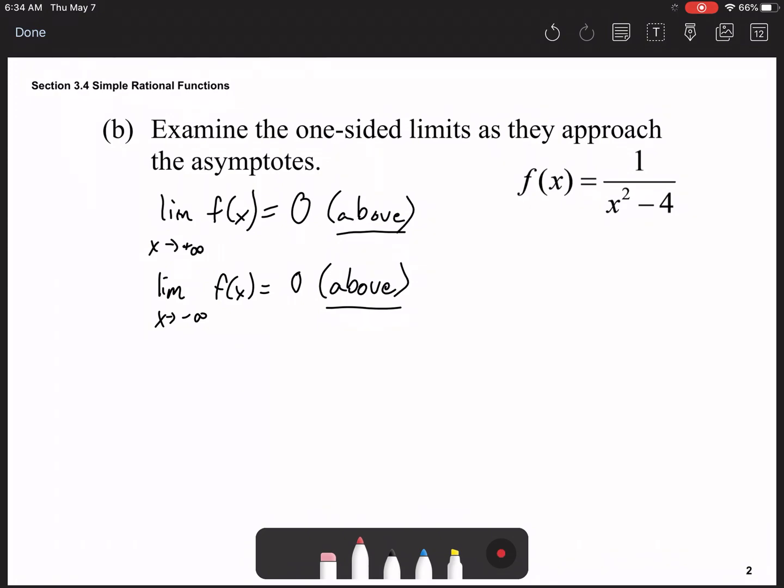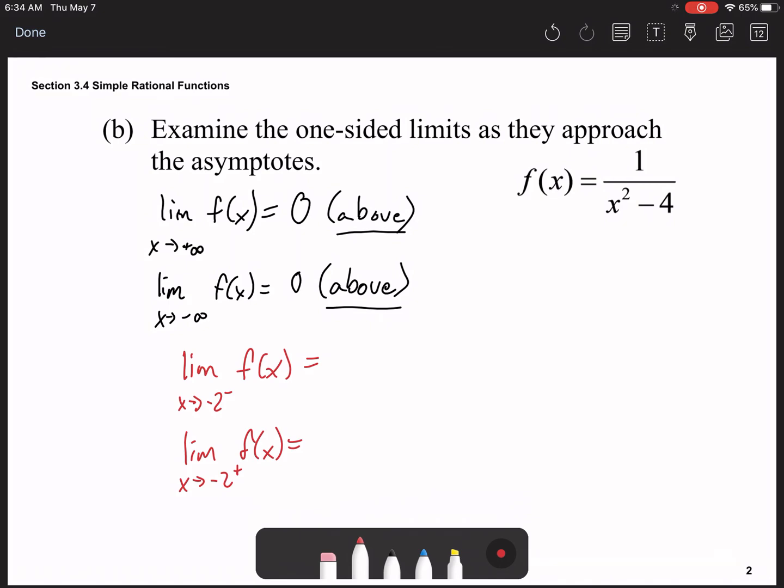Likewise, we're going to find the limits of x as we approach the value of negative 2 from the left for our function, and approaching negative 2 from the right. If we're choosing negative 2 from the left, that means we're looking at values like negative 2.001.